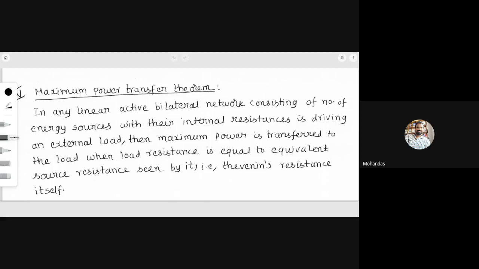Do you want the second unit notes? Yes, sir. I have those notes also. I will send the second unit notes also. What do you want first of all? You want first unit notes or second unit notes? Second unit notes. First unit notes are already completed. With this, today we are going to finish the first unit. Okay?